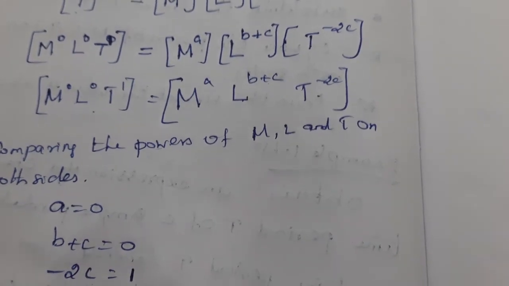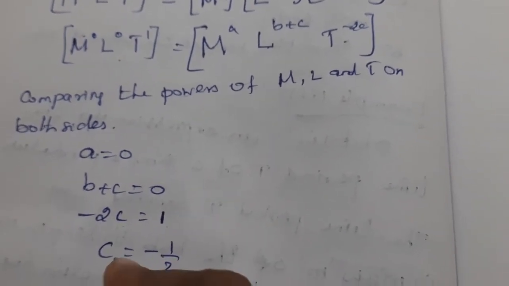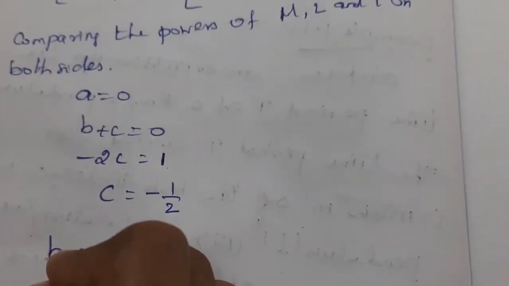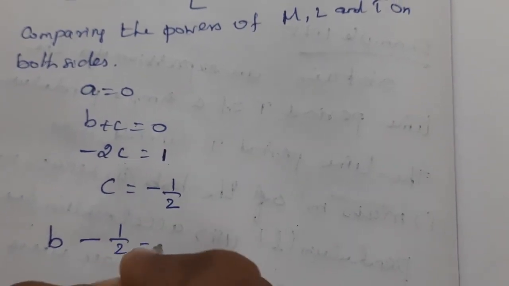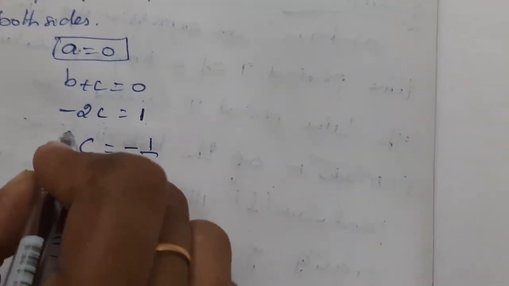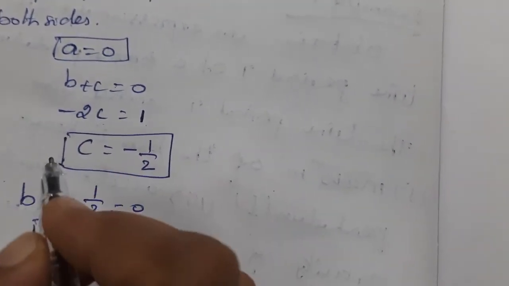From this, what is c? c is equal to minus 1 by 2. Substitute the value of c in this equation. So b plus c, that means b minus 1 by 2 equal to 0 or b equal to 1 by 2. So we got all the values. a equal to 0, b equal to 1 by 2 and c equal to minus 1 by 2.